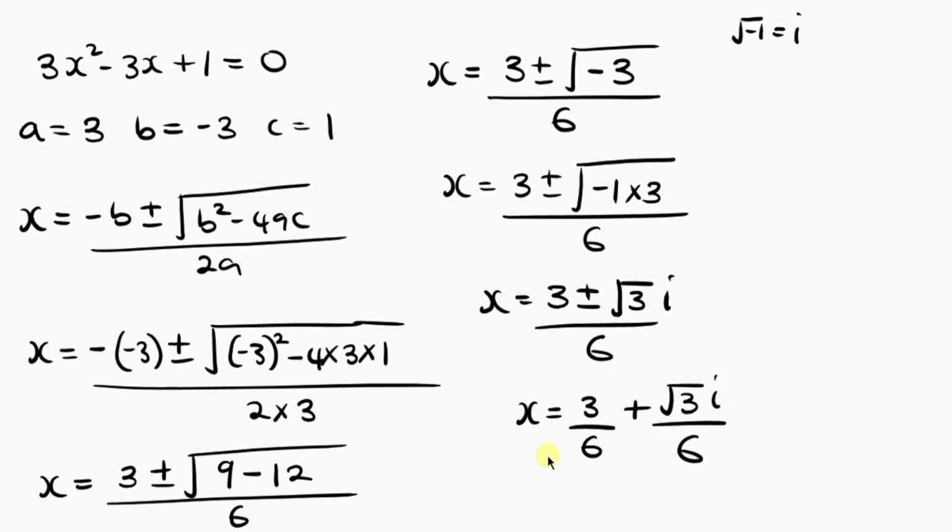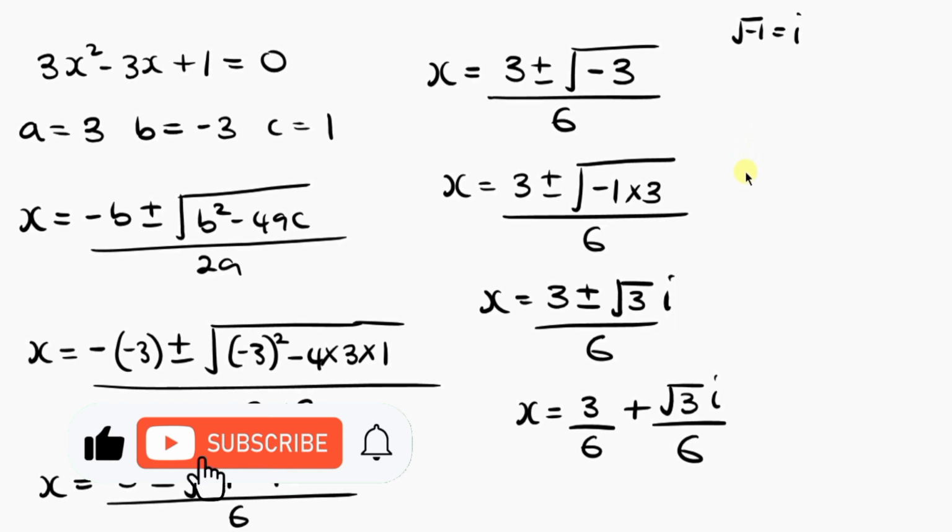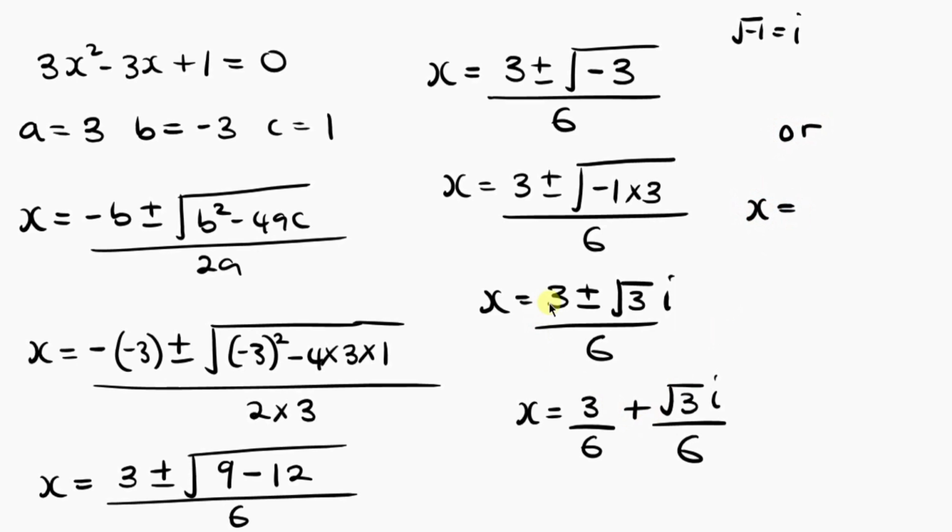So this is one value for x. Now let's get the other value for x. Let's go with the negative, 3 over 6. Very good. Minus, this time, the square root of 3 over 6 i. Don't forget to put your i.